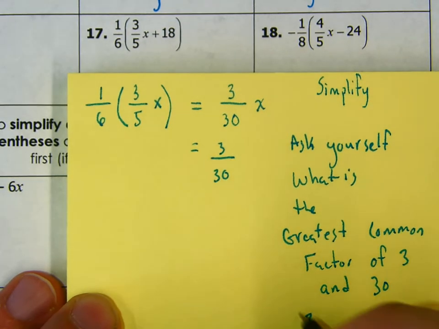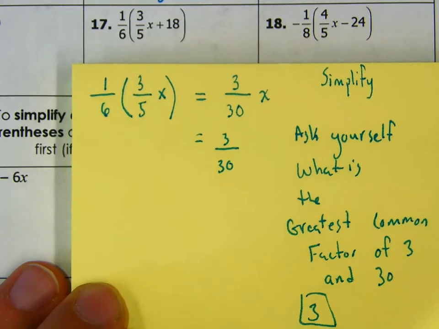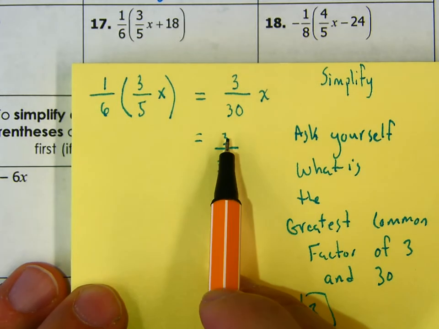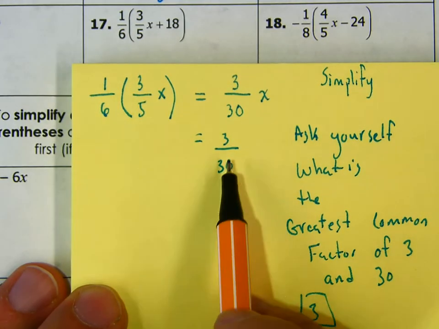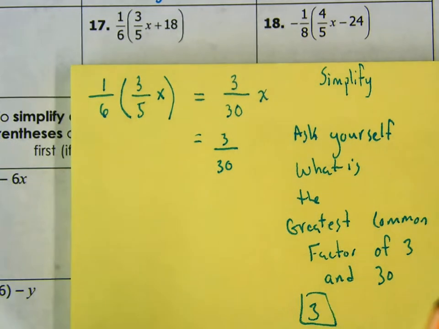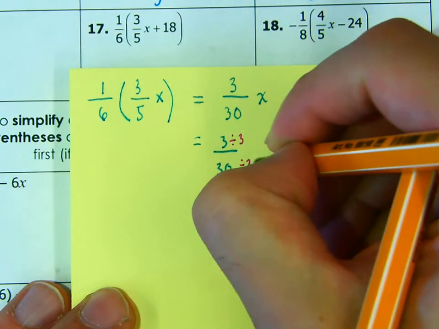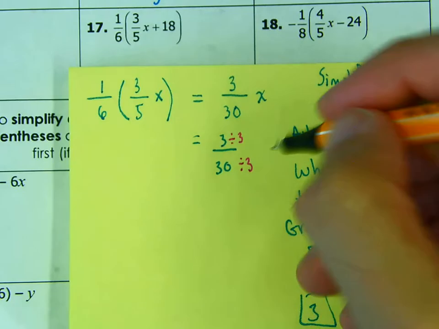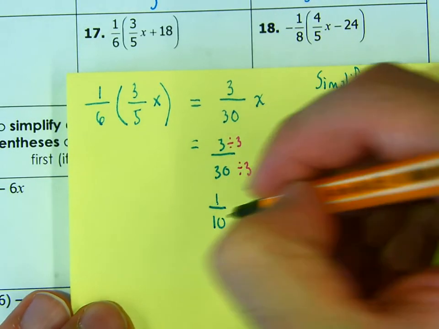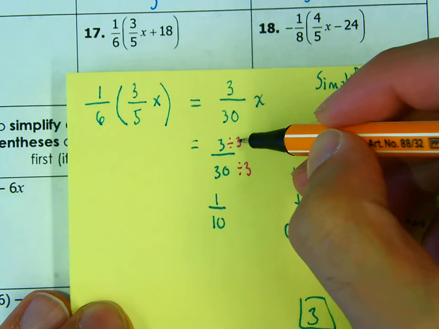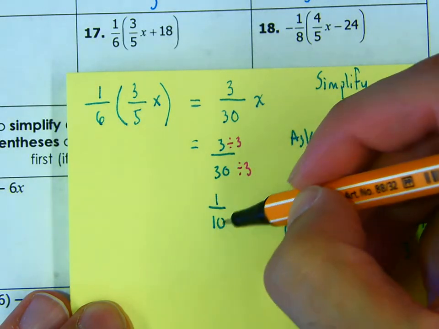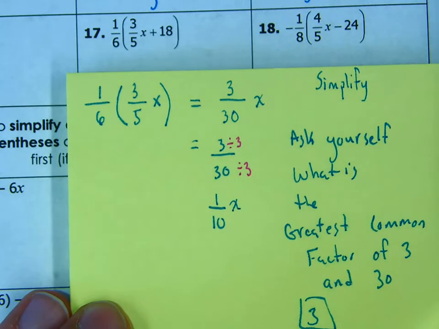It is 3. Because 3 is the largest factor of 3 and 30. So what you could do is divide the top and the bottom by 3, right? And then I just get 1 over 10. Because 3 divided by 3 is 1, 30 divided by 3 is 10. So I get 1/10 x.